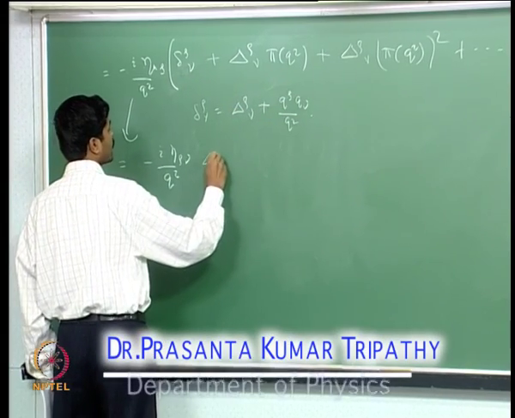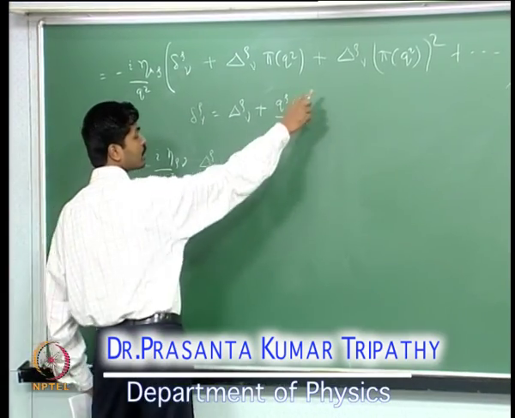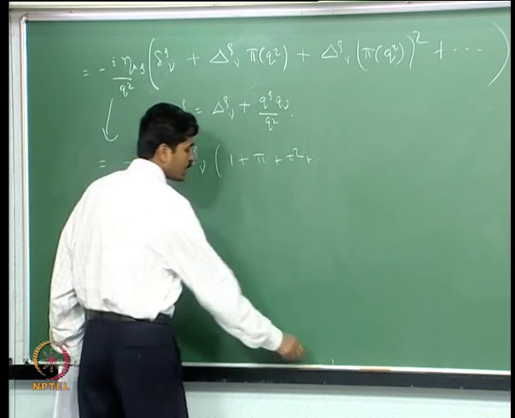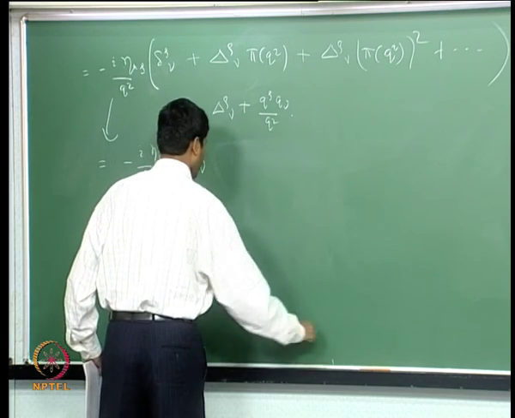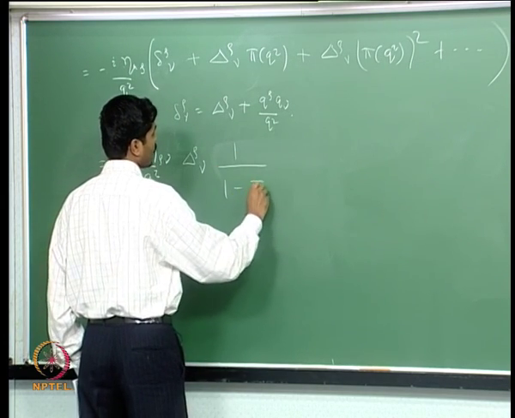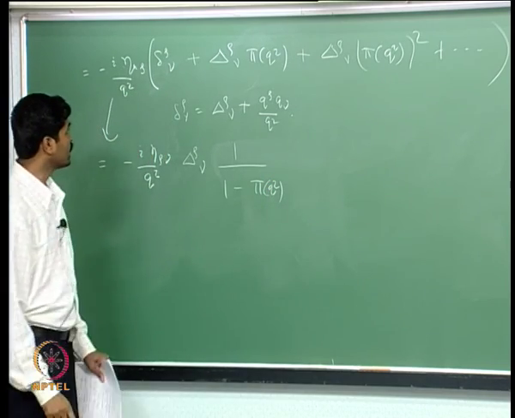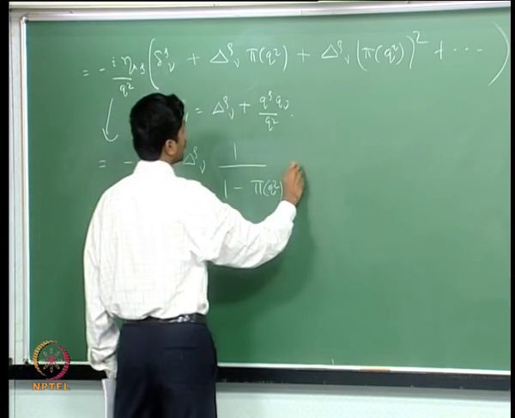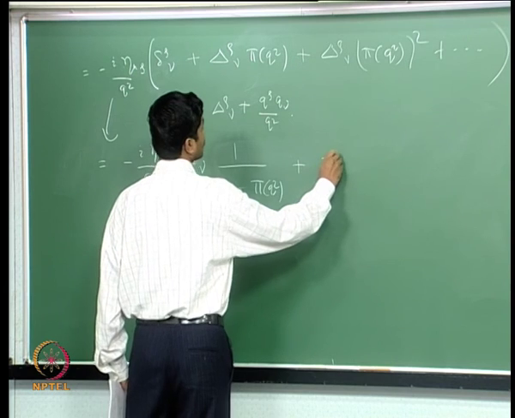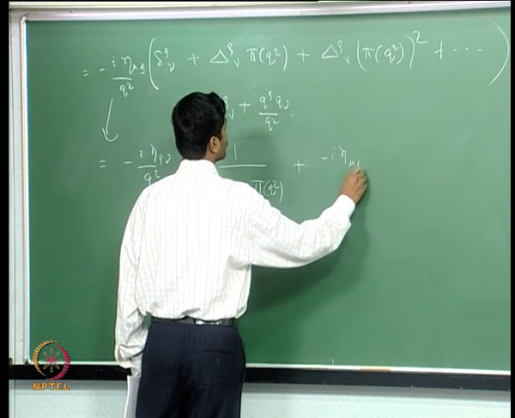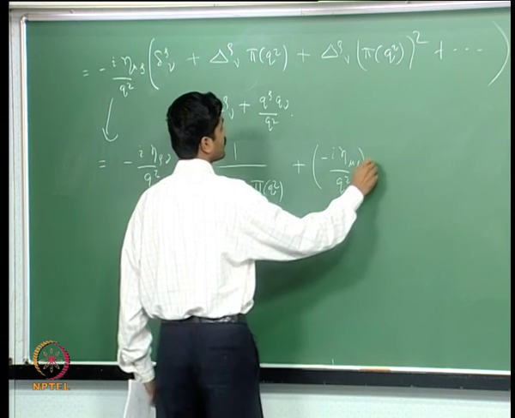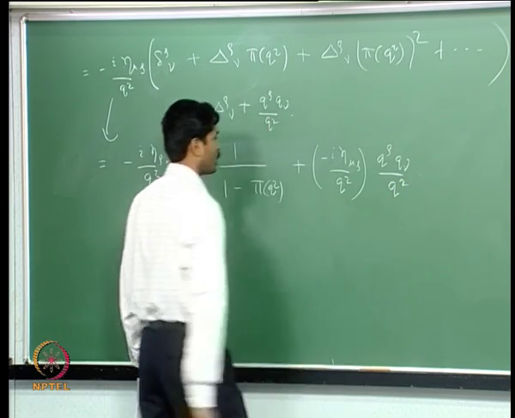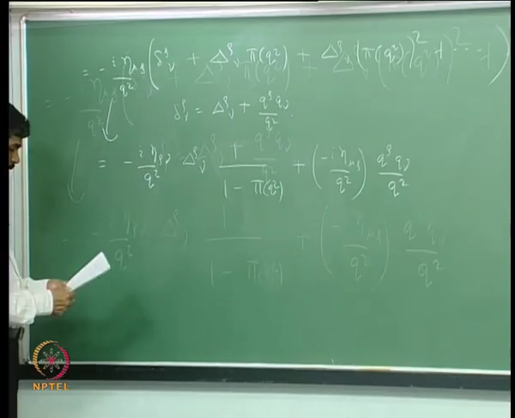So, I will get delta rho nu, and then whatever is left is a geometric series, it is 1 plus pi plus pi square and so on, which I will simply denote as 1 over 1 minus pi of q square. And finally, because I have a Kronecker delta here instead of this, I will get an additional term here, which is given by minus I eta mu rho divided by q square times q rho q nu divided by q square. This is what I am going to get at the end of the day.